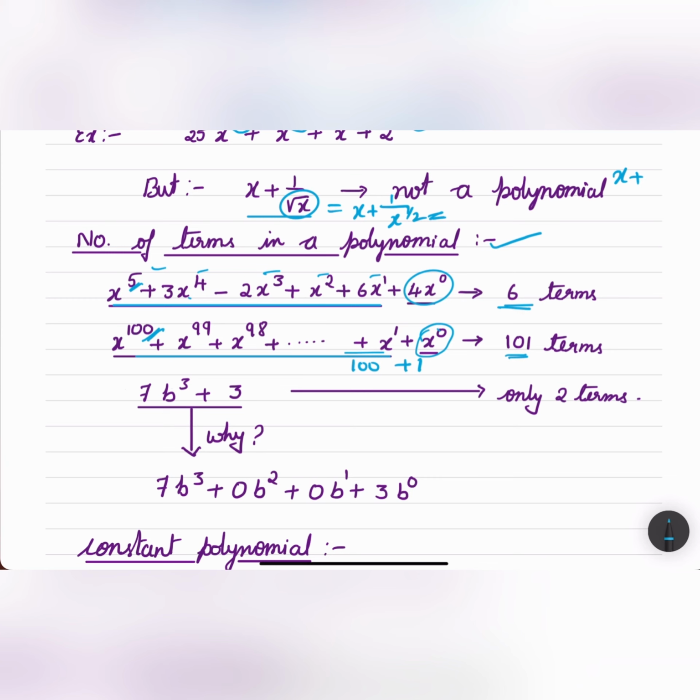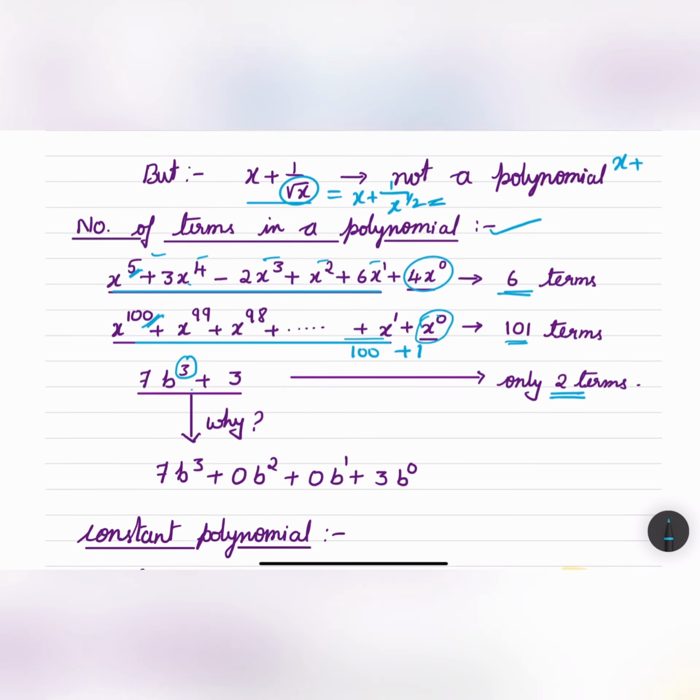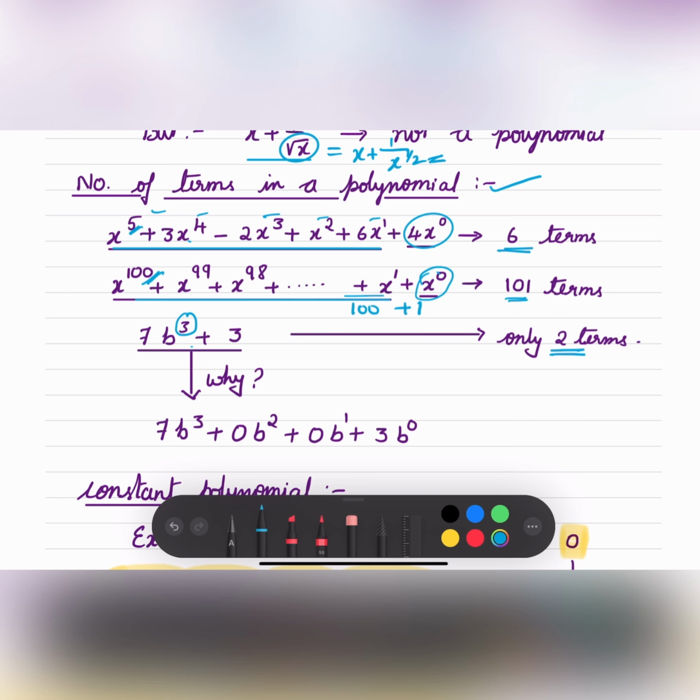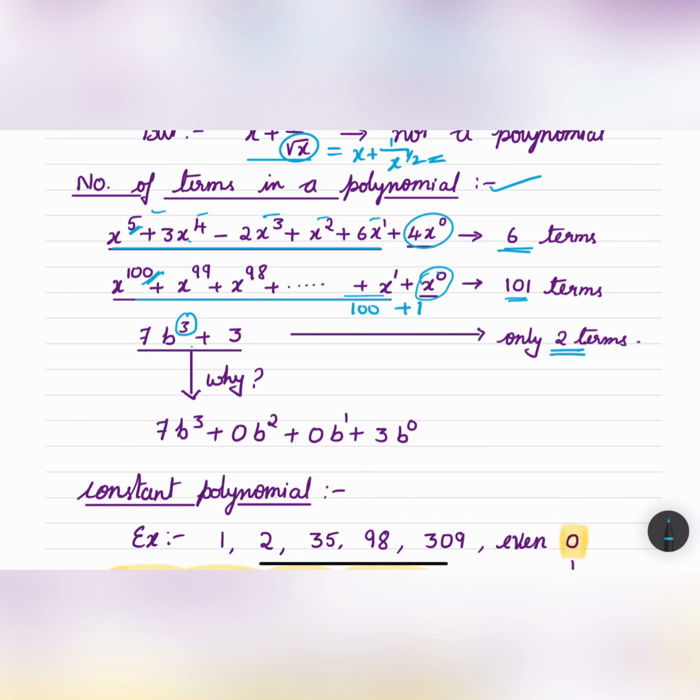Now this one, 7b cube plus 3. This has only 2 terms even though we have b cube here. So b cube is there, but why does it have only 2 terms? It has only 2 terms because we can see it as 7b cube plus 0b square plus 0b plus 3b to the power 0.